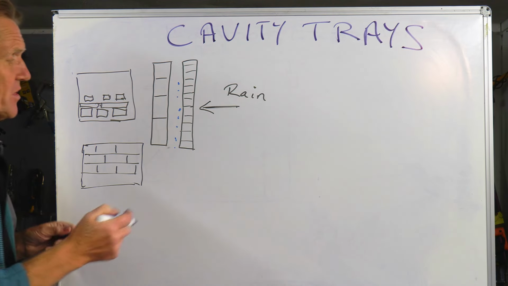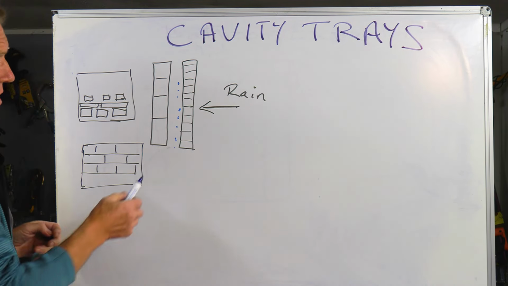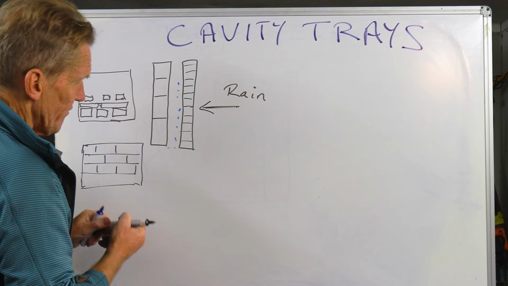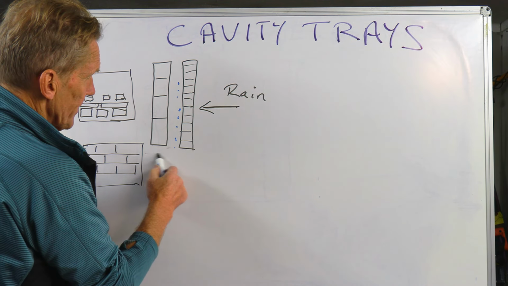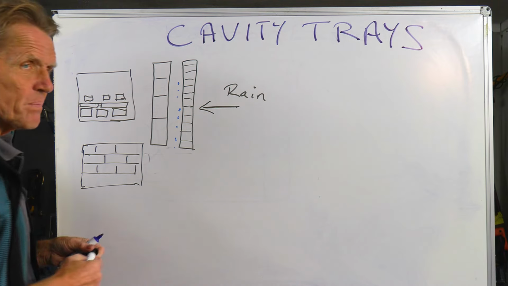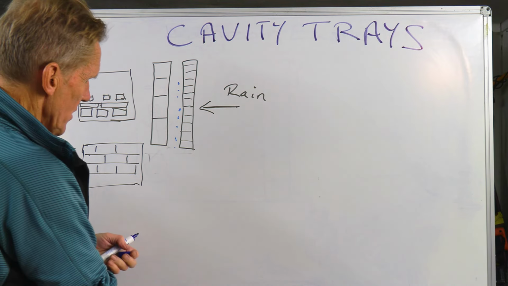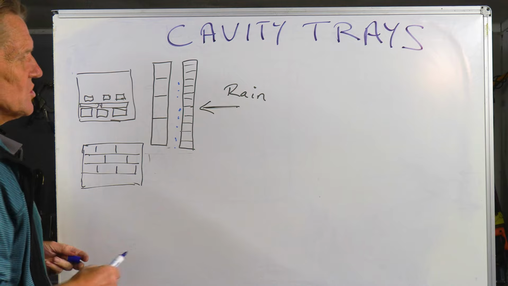Now that's not anything to worry about, because that would normally go down to a foundation, and then it would soak away into the ground or whatever. So not a huge problem. That's the way it's designed to work.